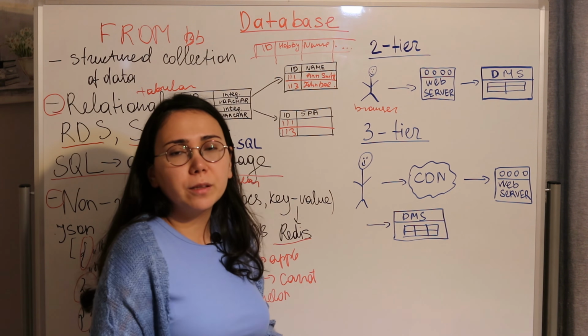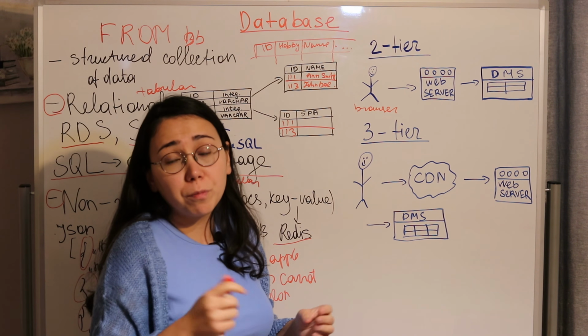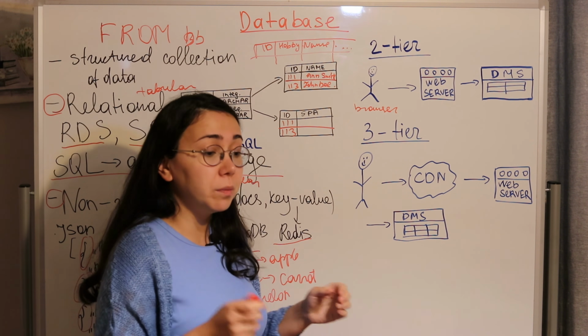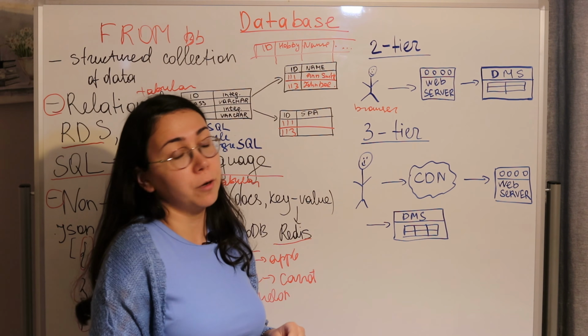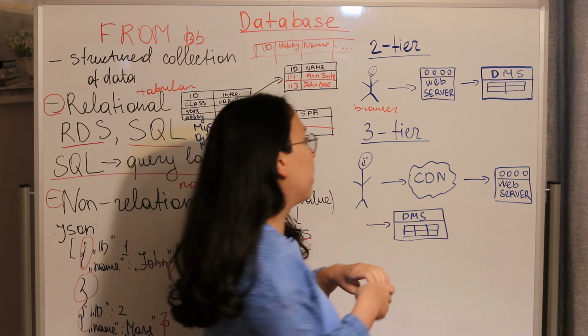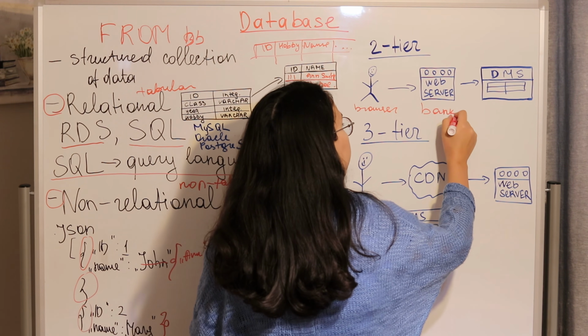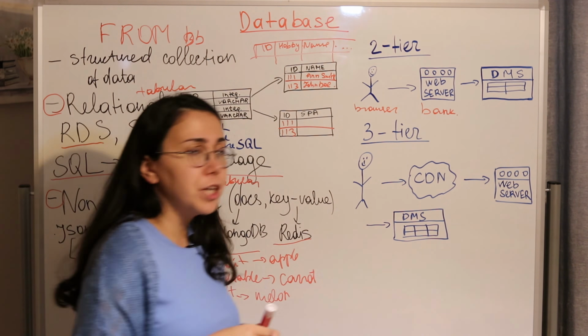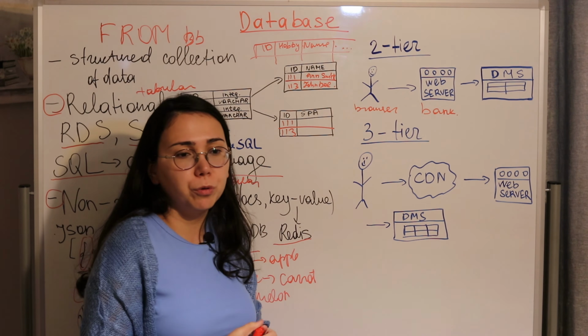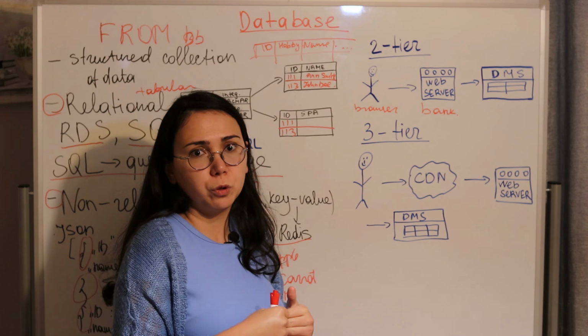Say I want to update my phone number in my bank account. I log into my bank application, I navigate to my personal details and then change my number. Probably I will have to confirm it with a code that comes to my number.